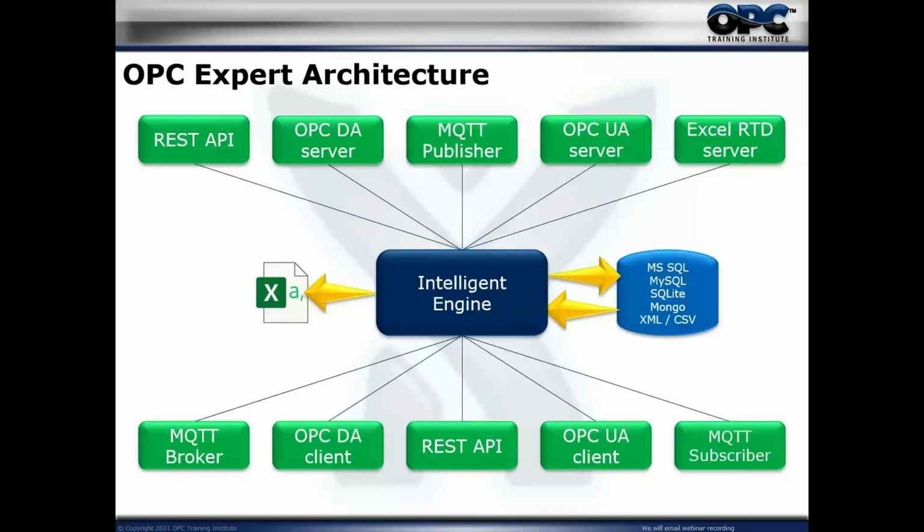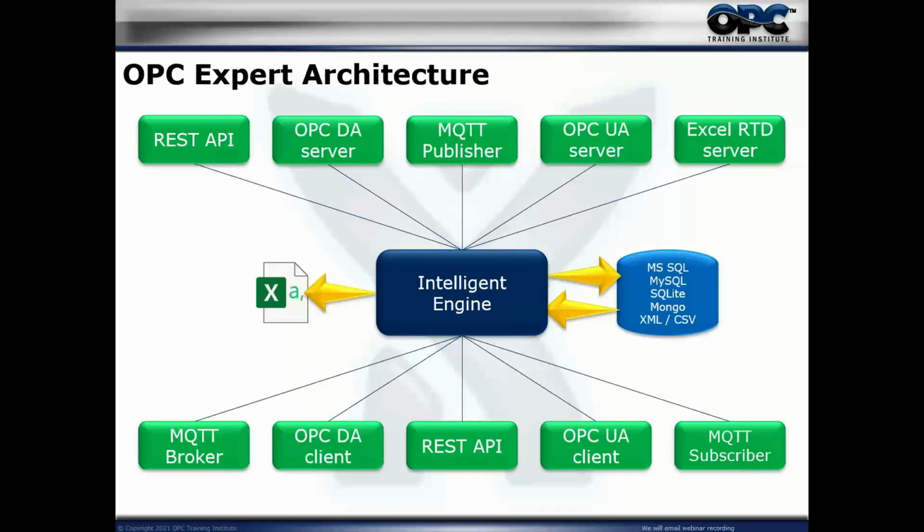So the whole point here is that all of this comes inside OPC Expert, and these are actually modules inside OPC Expert. So you can very easily convert from MQTT to OPC, from OPC DA to MQTT. You can send that out to a publisher. So you can go OPC UA to a broker.